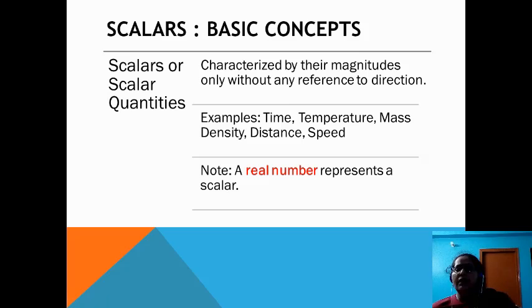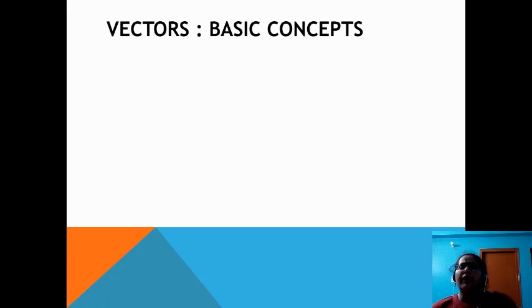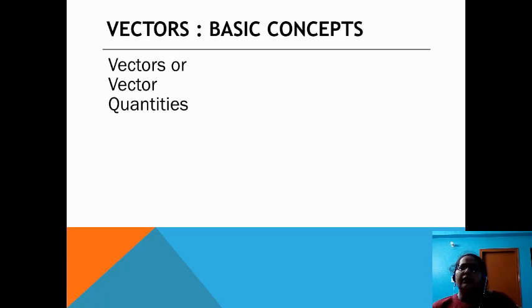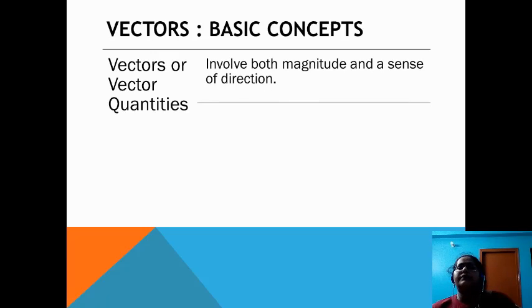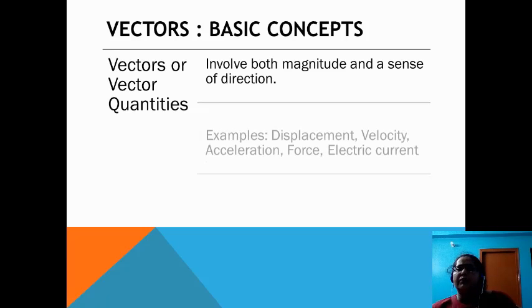Okay, let us now come to vectors. So what are vectors or vector quantities? I think we can now remember that vector quantities are the quantities which involve both magnitude and a sense of direction. So what are the examples we can remember?